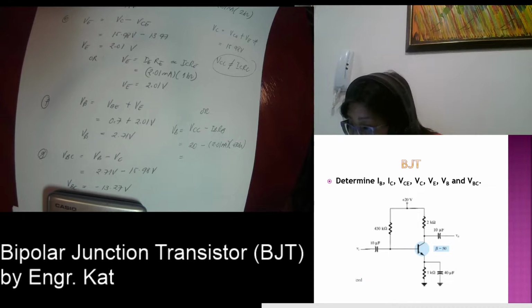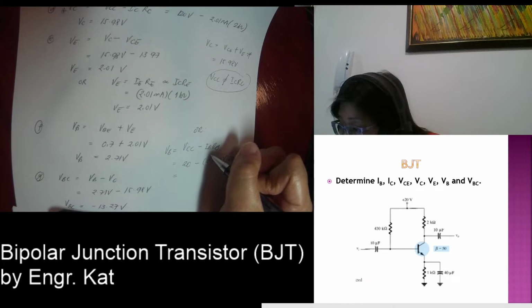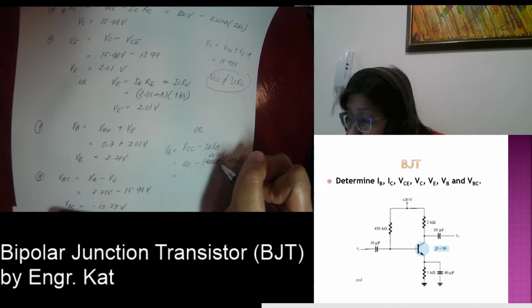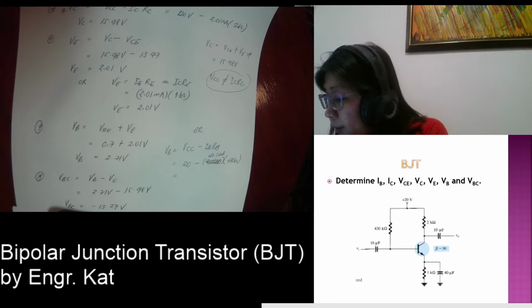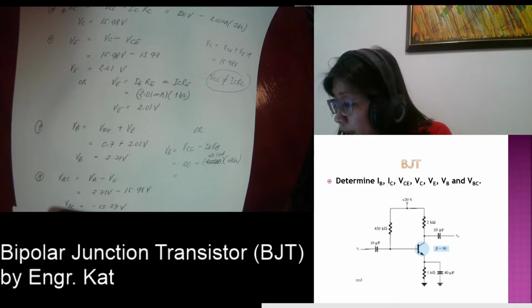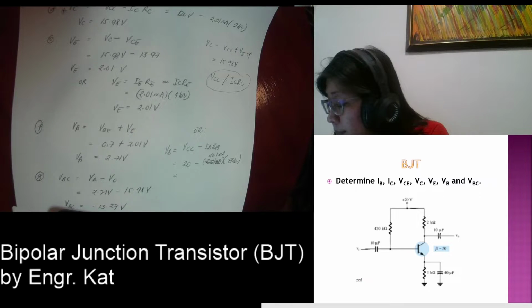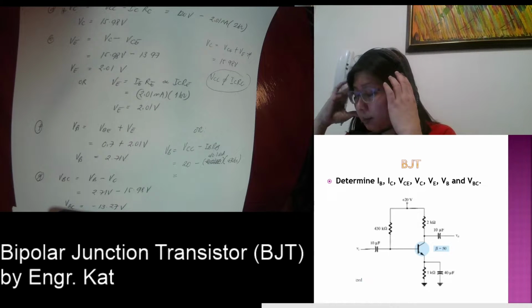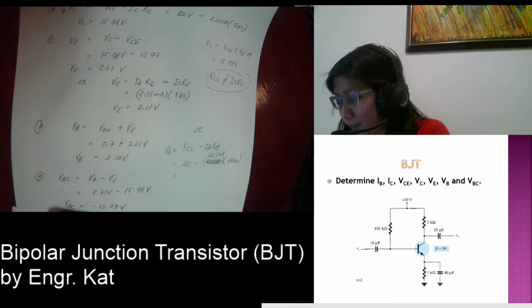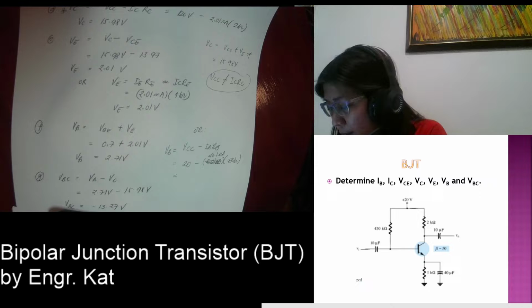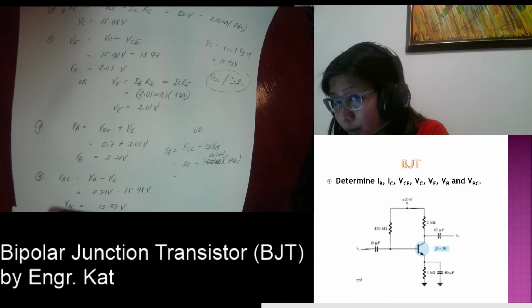So this is 20 minus 40.1 micro times 430 kilo, which is 20 minus 40.1 times 10 to the minus 6 times 430 kilo.